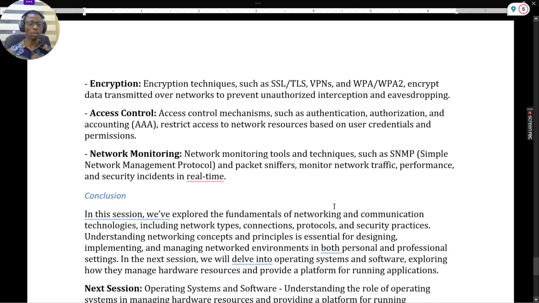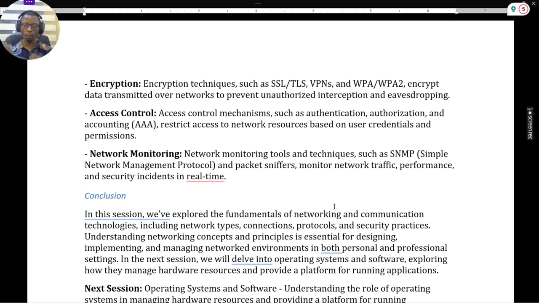So now, network monitoring. There are a lot of devices that are used to monitor the network. One of such is SNMP, which is Simple Network Management Protocol. We also have packet sniffers, some of them like Wireshark and the rest.